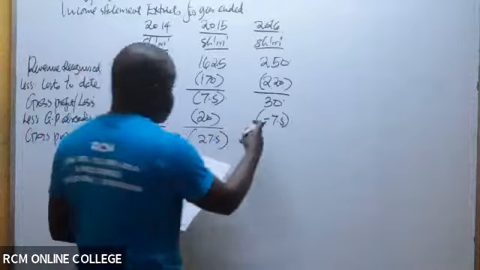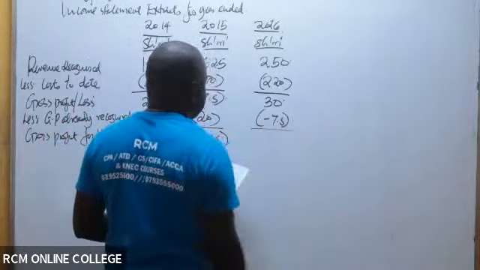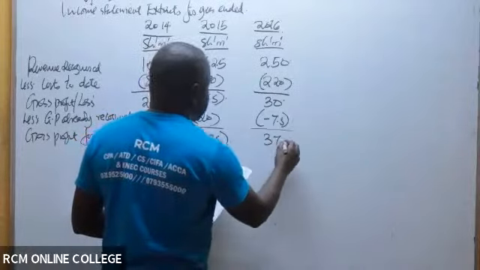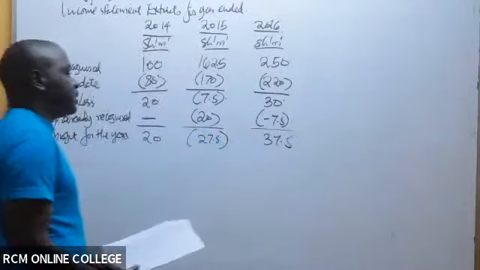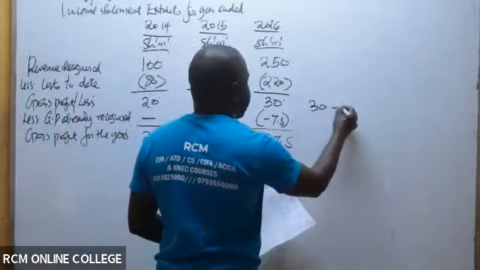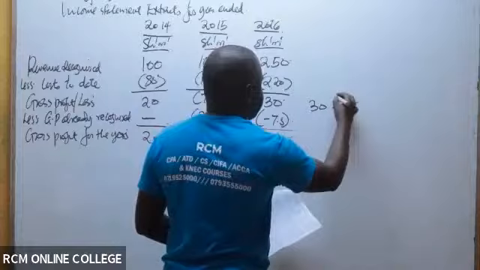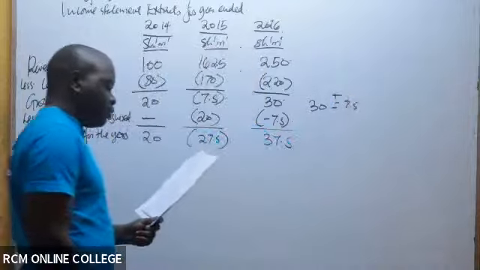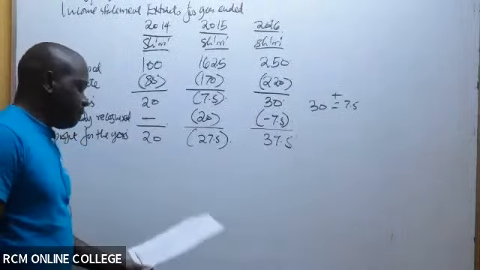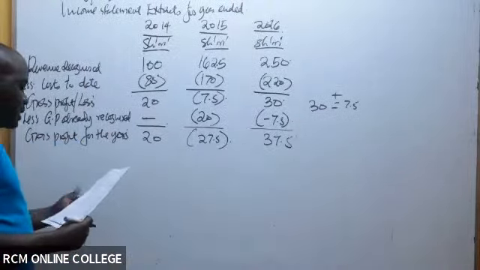So this one is minus minus, so it becomes a positive. It will be 37.5. Thirty minus minus 7.5, you'll get a positive there. So this one will likely be 37.5.